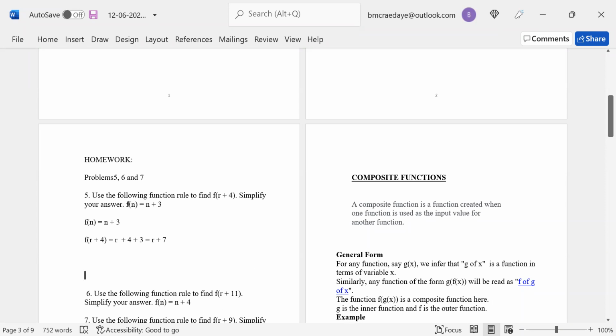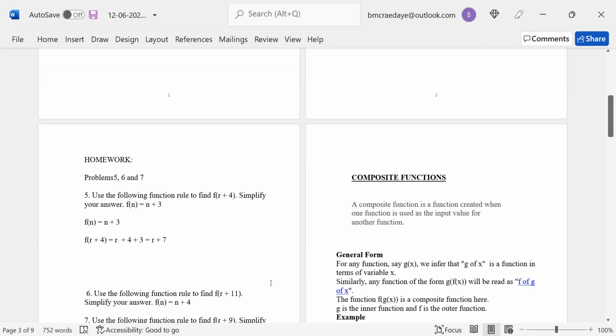The n plus 3, for the n you want to put in what they gave you, the r plus 4. And then you just simplify it. And the same down here, r plus 11, f of n equals n plus 4. So you want to put the r plus 11 for the n and then simplify it. Got it?